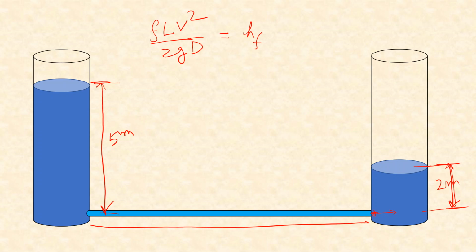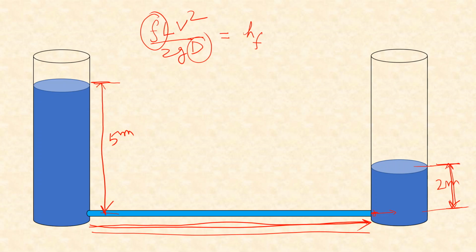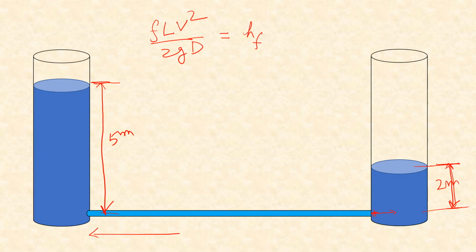That means total head loss in this pipe will be a function of velocity, then length, and a friction factor f, and this diameter of the pipe. Now this length, let's say it is 10 meters for this example.